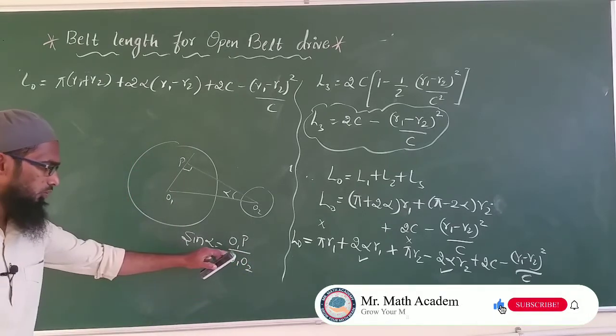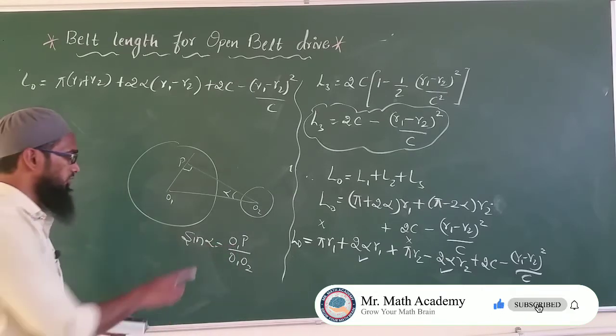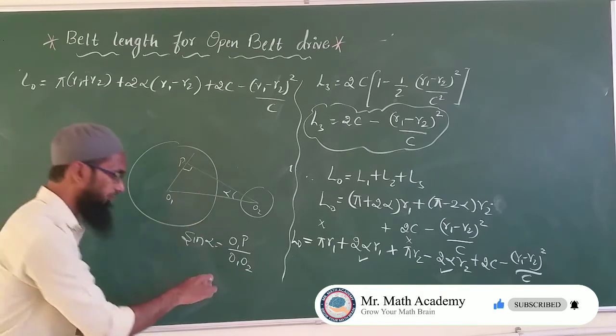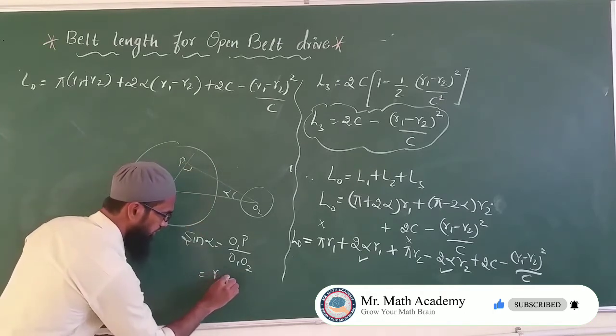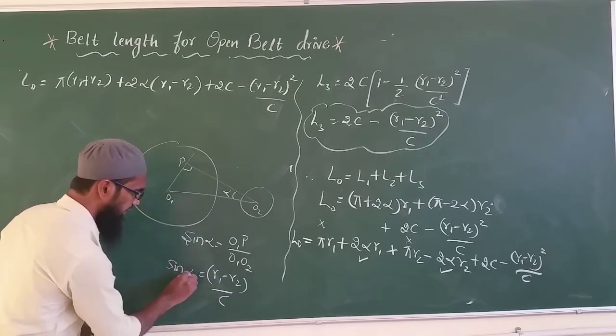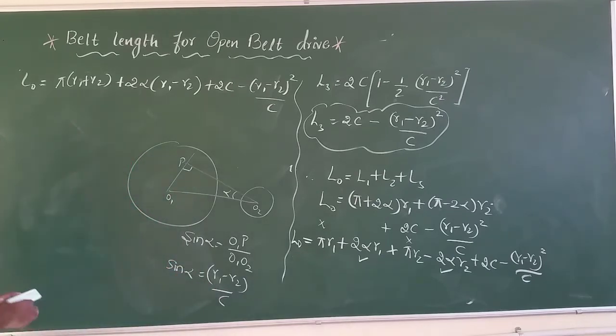Now O1P is nothing but R1 minus R2, because this is R1 and out of this I have subtracted R2. So I get R1 minus R2 by C, which gives sine alpha.